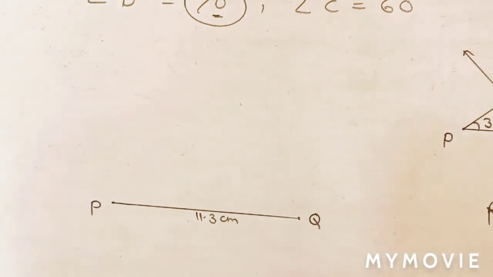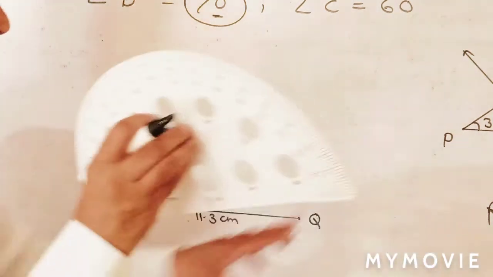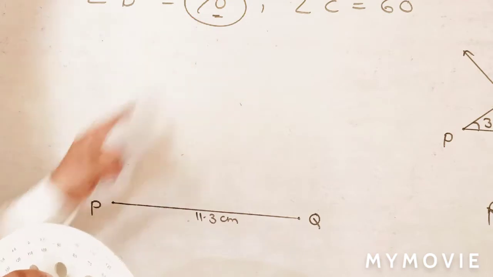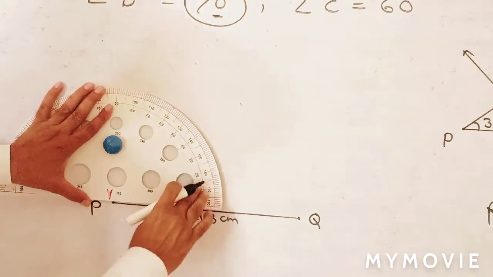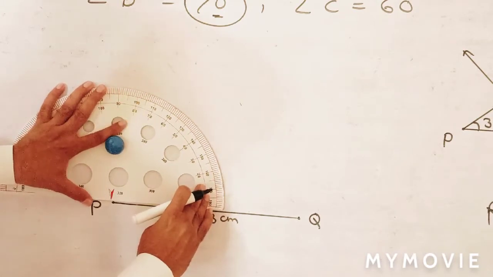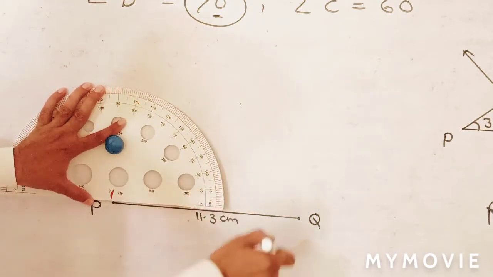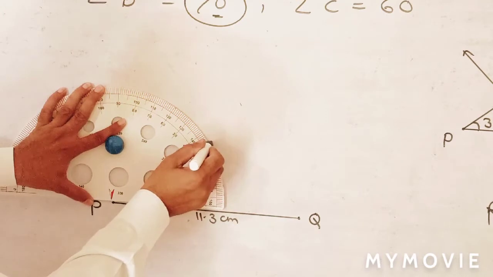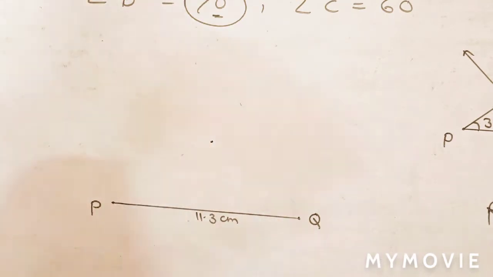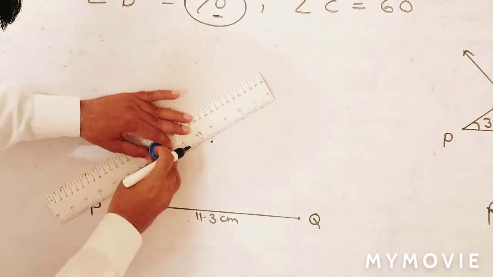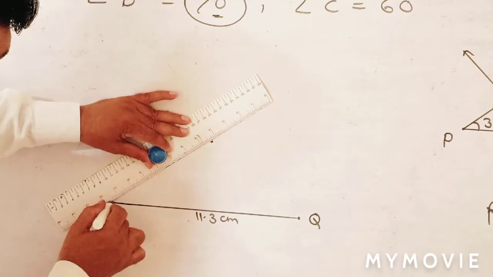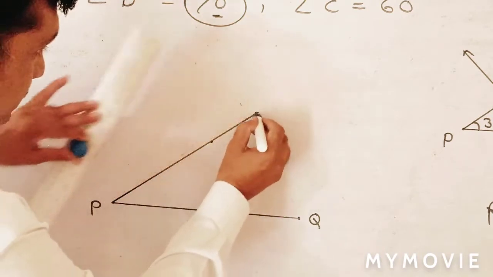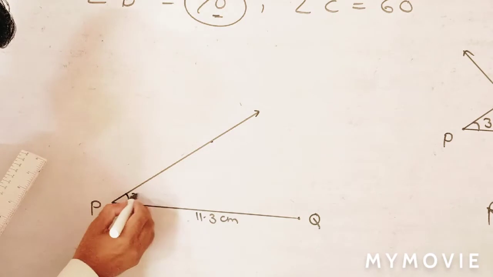After that, using the protractor, we have to take half of 70 at P. Half of 70 is 35. Mark the point and then draw a ray from point P. This angle at P is 35 degrees. Here you write down 35 degrees.